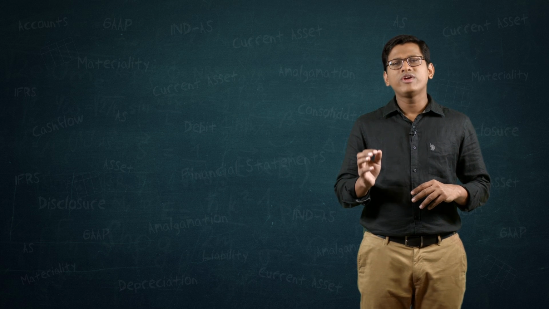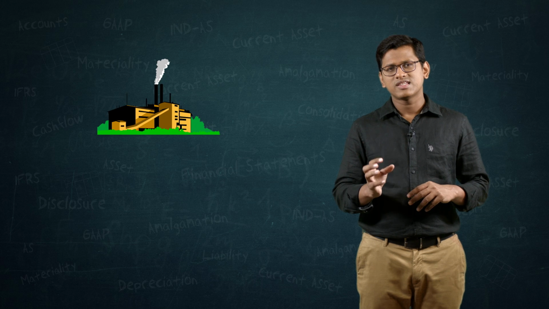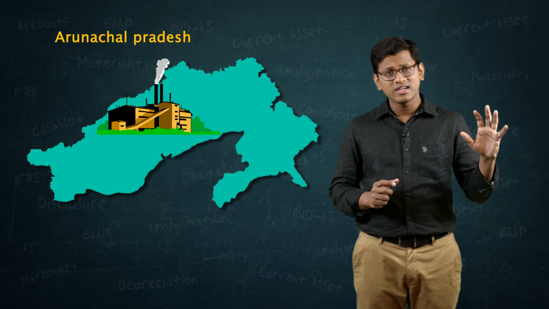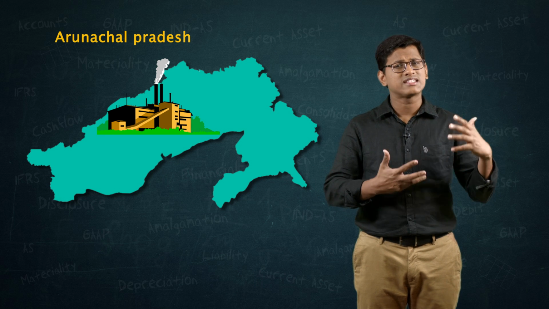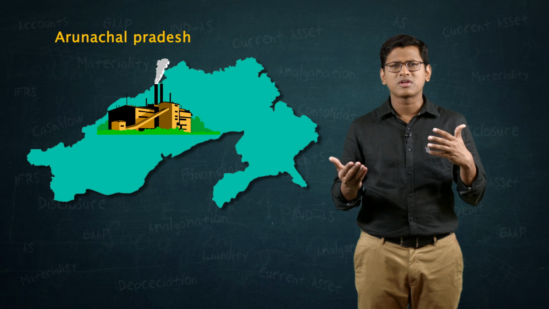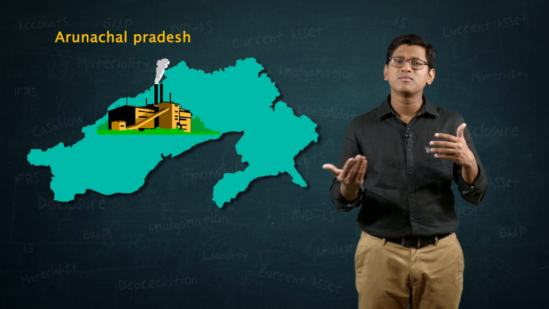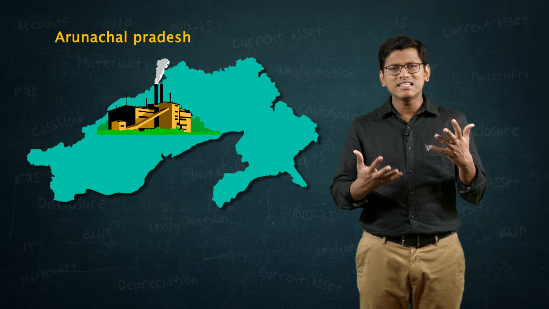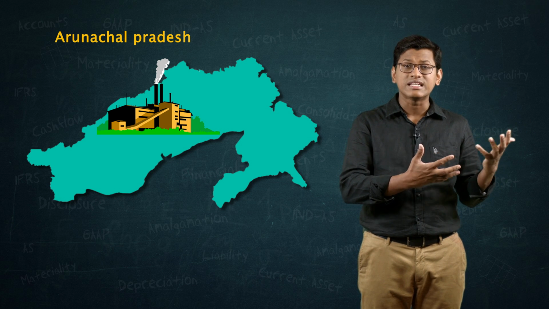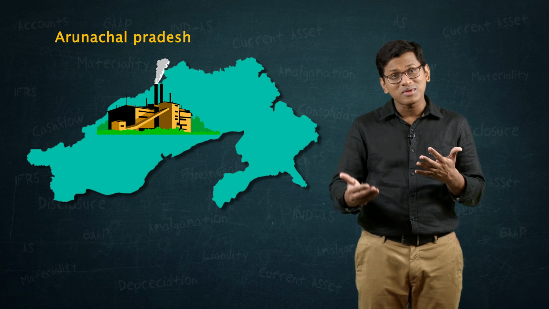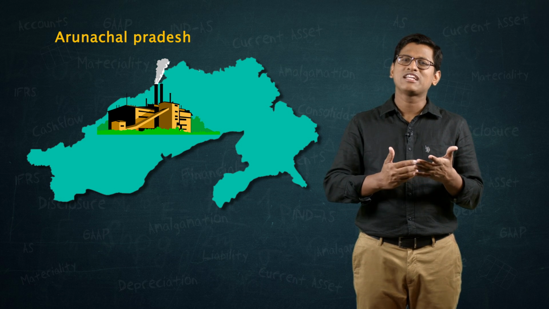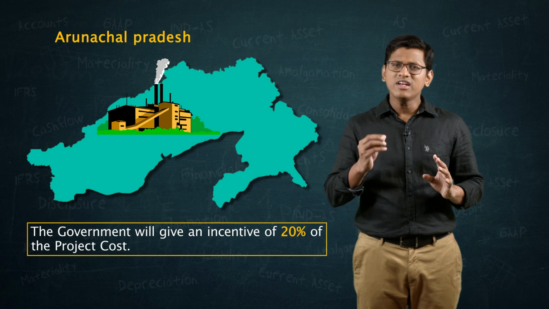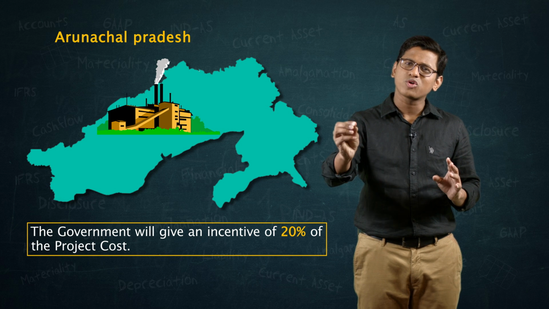There is a company which wants to set up its factory, say in Arunachal Pradesh. Now the conditions are quite difficult for setting up a factory. It's a hilly area, and I still remember the cement bags were almost 25% more compared to the cement prices in a place like Delhi. So these are more challenging terrains to operate business in, but government wants business to happen even in those areas, and say government gives an incentive to the company saying, hey, if your project cost is 100 crores, we will give you an incentive of 20% of your overall project cost.